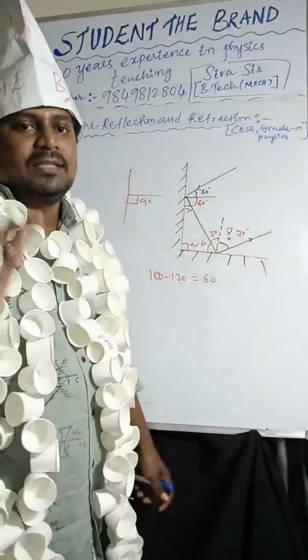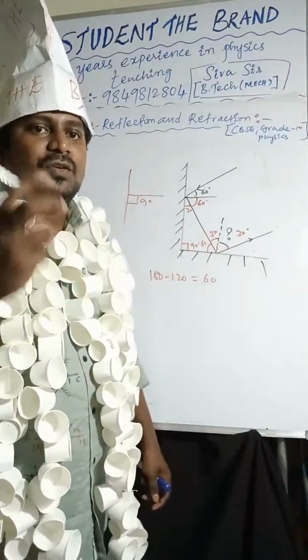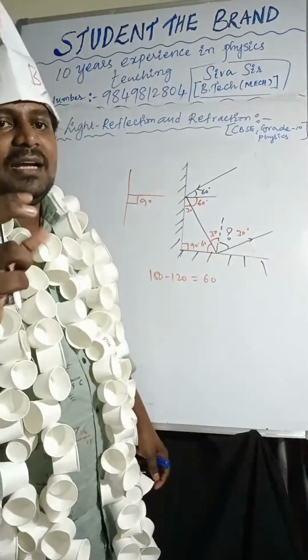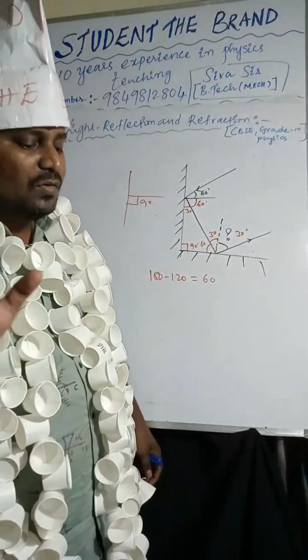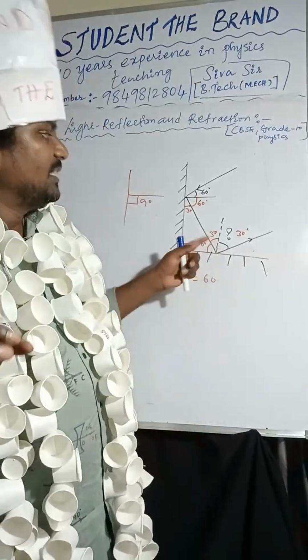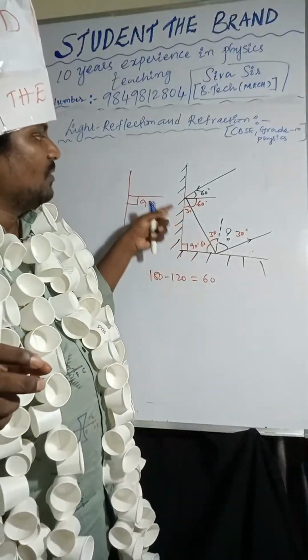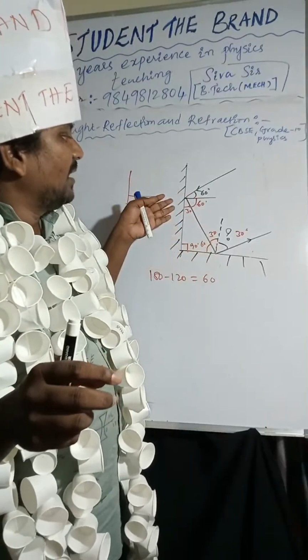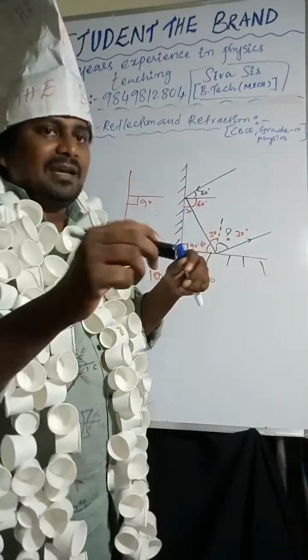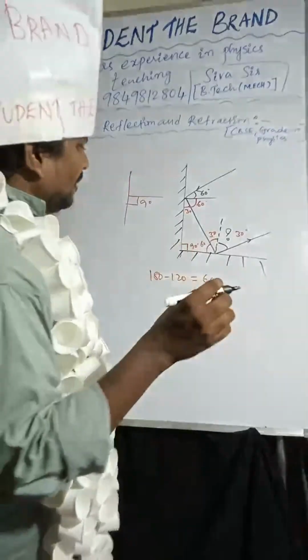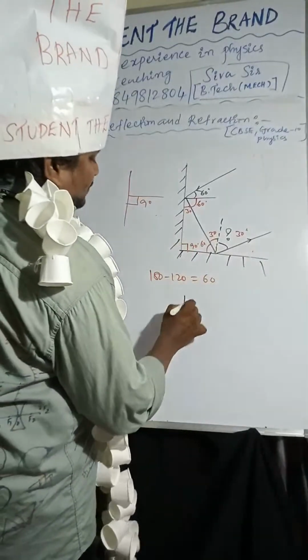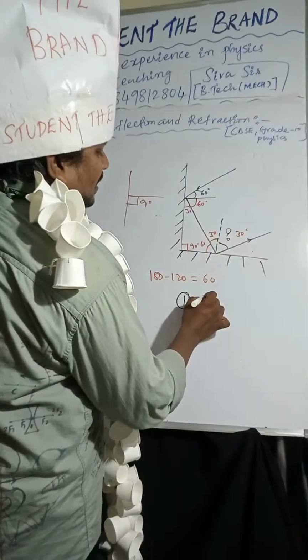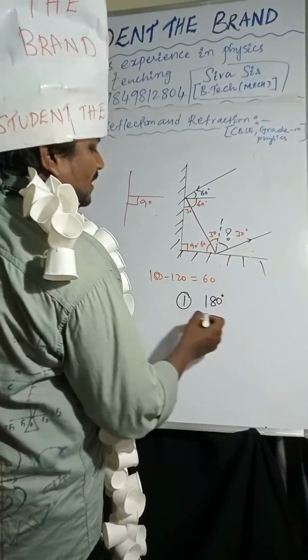You need to understand the simple logic, how to identify the angle. Consider the triangle, then the angle of incidence. Here I use only three rules. Point number one: the sum of the angles in a triangle is 180 degrees.